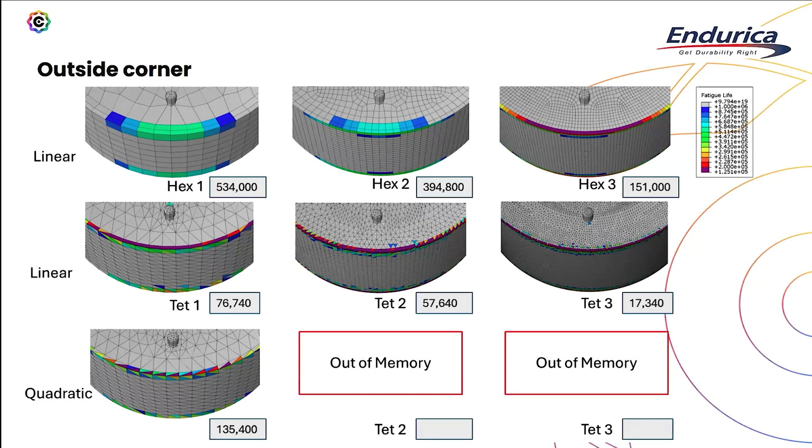As Mark is showing on this slide, no matter how much you refine the mesh, the life just keeps dropping. The stress goes up and the strain goes down as you look at smaller and smaller element volumes. So when you have this type of situation, refining the mesh may not get you out of jail, let's say.